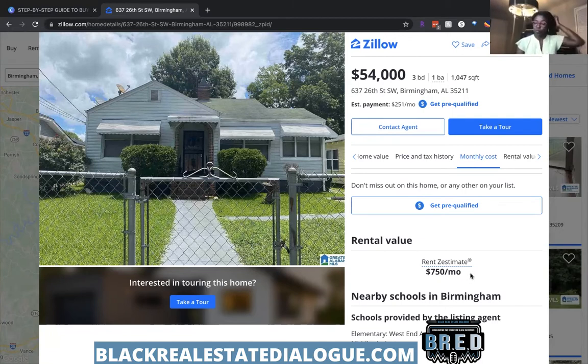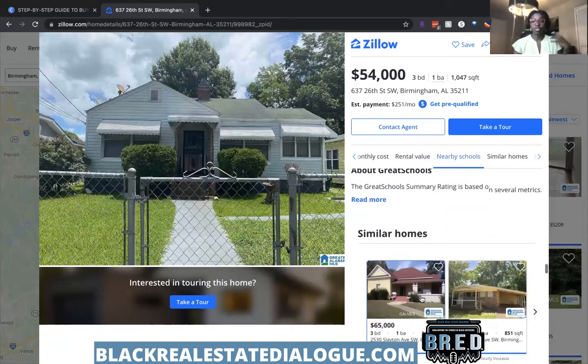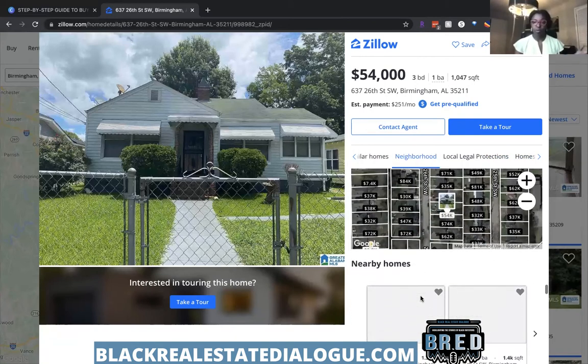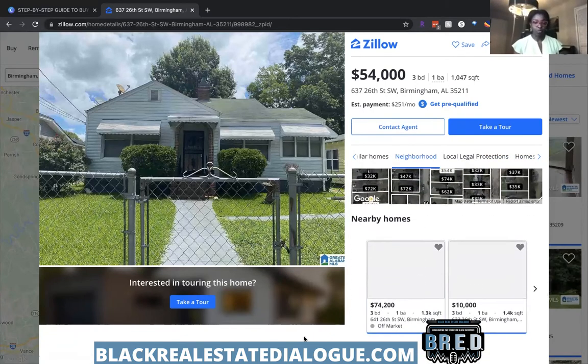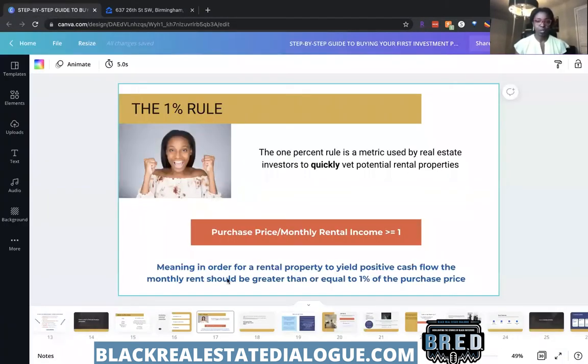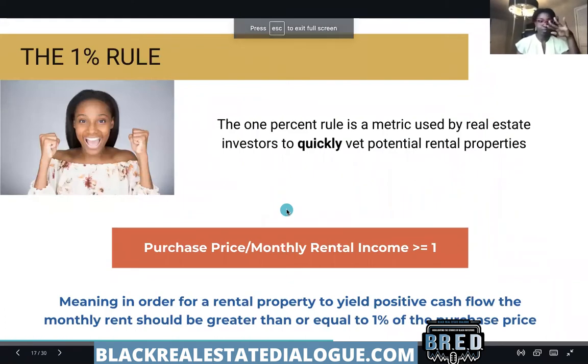Amazing. So at this point, now you can start looking at the tax records. You can start looking at other parameters that you need to verify for yourself, which I'm going to move over to now. So let's go. So we spoke about the 1% rule, and just quickly here, I have put together just a little explanation of what it is.